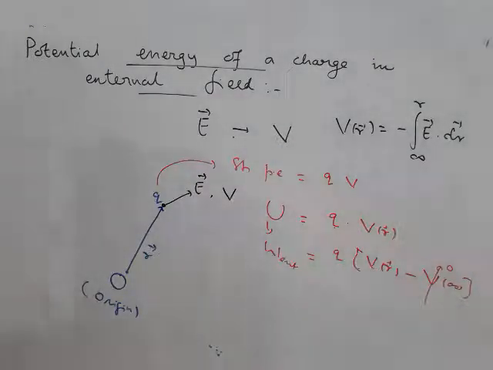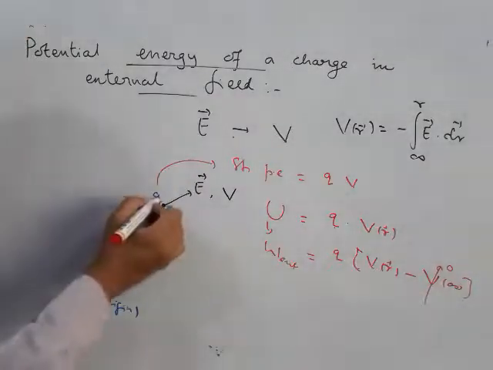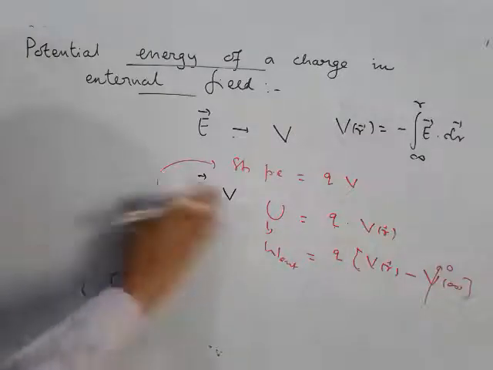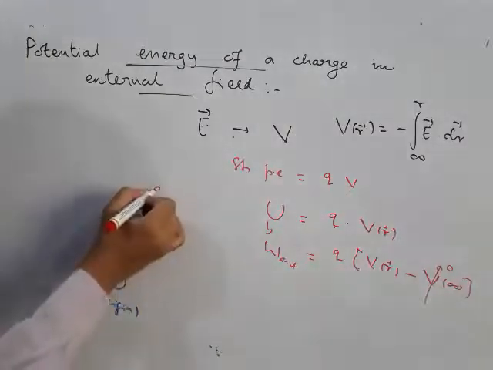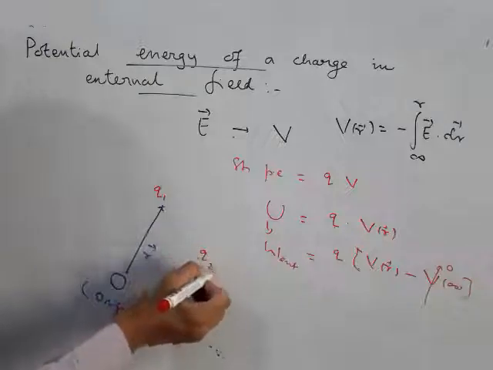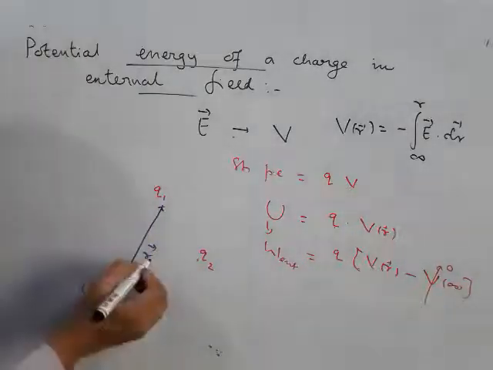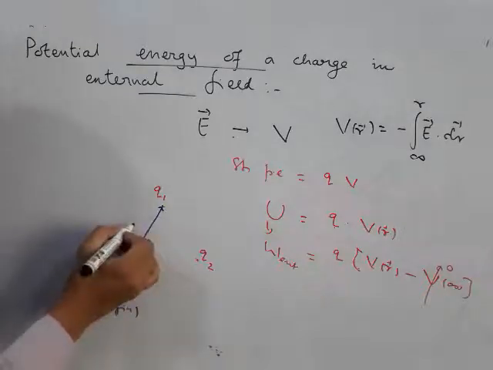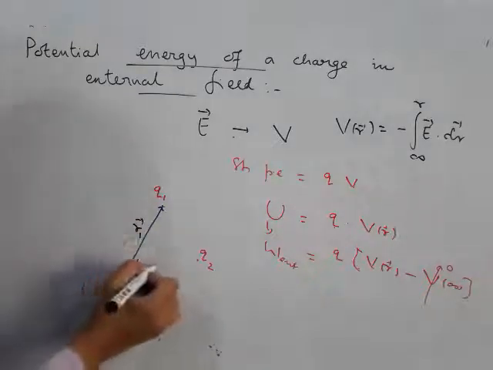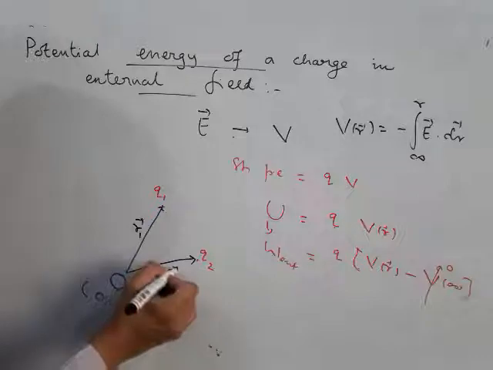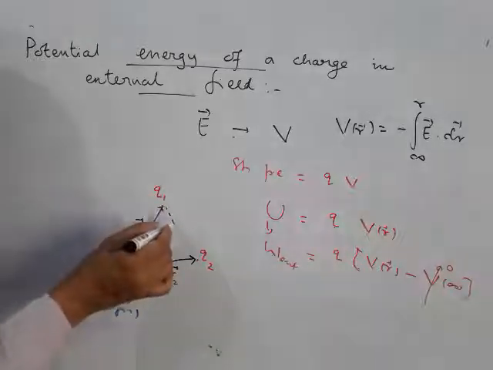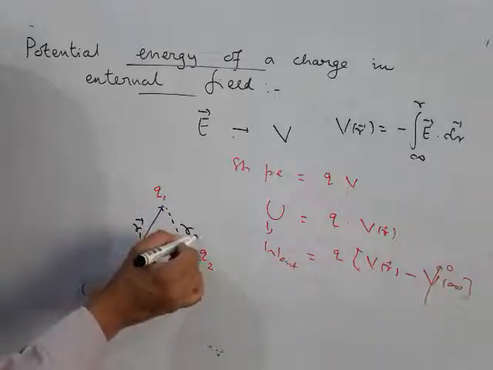This is for one charge. Suppose instead of one, I have two charges. One charge is Q1, other charge is Q2, and they are located at points whose position vectors are R1 vector and R2 vector, like so. And the separation between them is, suppose, R12.